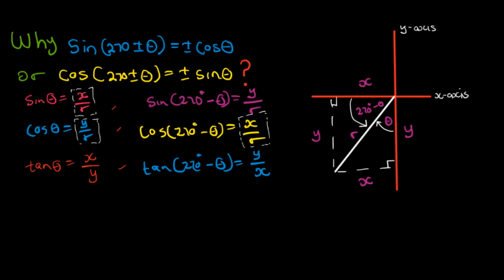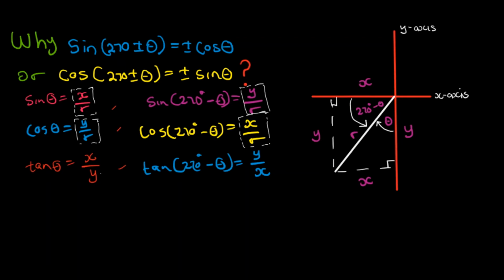Which other trig ratio is y over r? It's this one here. So if you are going to find the sine of 270 degrees minus theta, you're going to get cos of theta. Then these ones here are just tan of theta, which is x over y in this case, and here it's y over x.